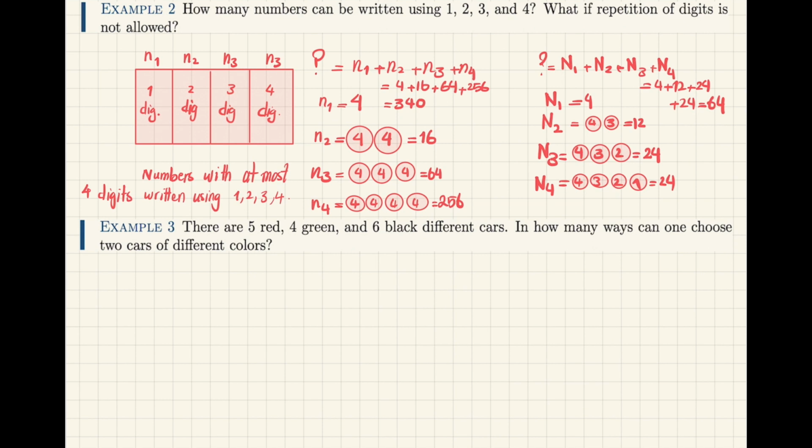I would say it's 74. Yes, 74 is the correct answer. Thank you. So when I say I want to choose 2 cards of different colors, how many options are available for me?